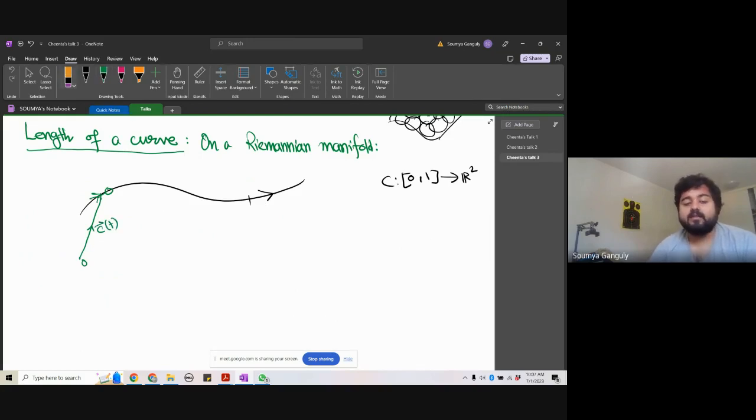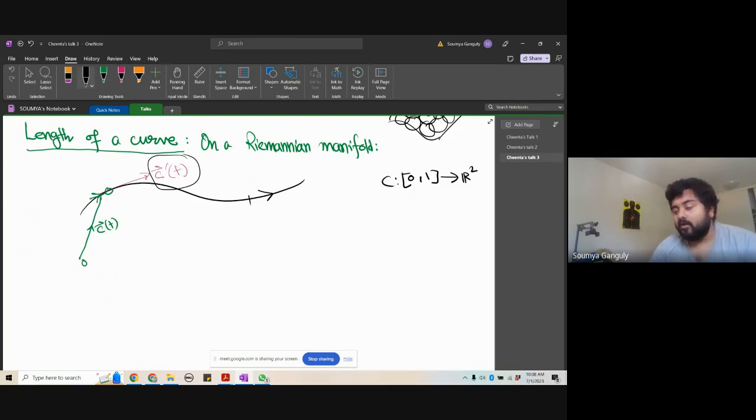Then the question is, what is the velocity at this point C of t for this ant on this curve? The answer is that it is given by a tangent, which is C prime of t. So now you see the tangent spaces come into the picture.